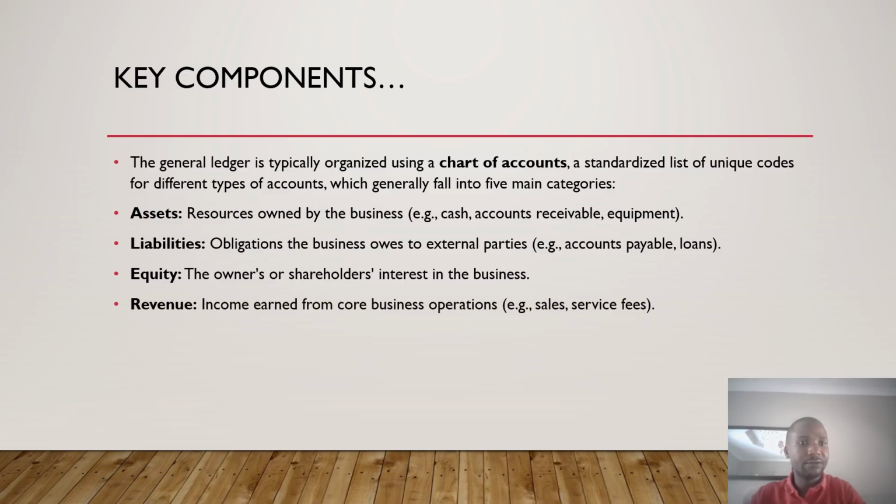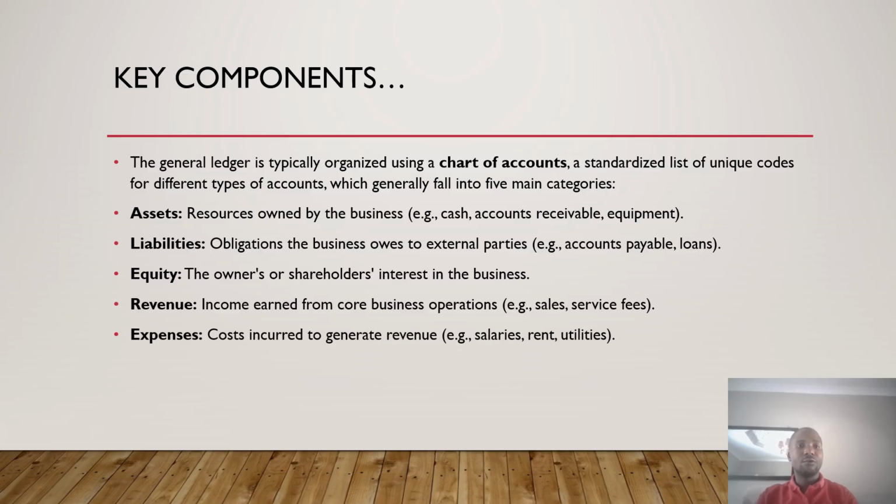We also have revenue, which is income earned from core business operations. For example, we talk of sales or service fees, depending on the core business of your entity. We also have expenses, which are simply costs that we incur to generate that particular revenue. Talk of salaries, rentals, utility expenses, and so on. So these are the key components that you are going to find in the general ledger.